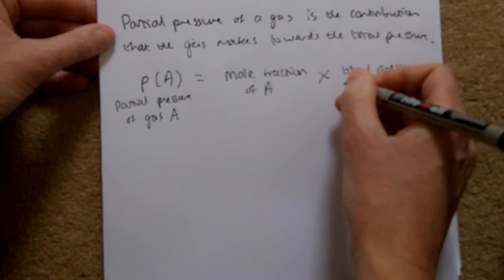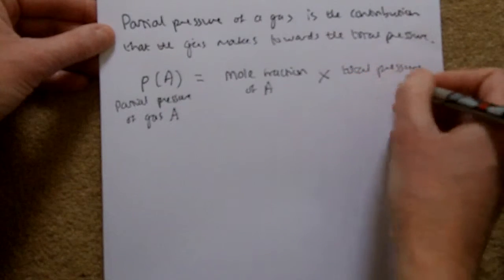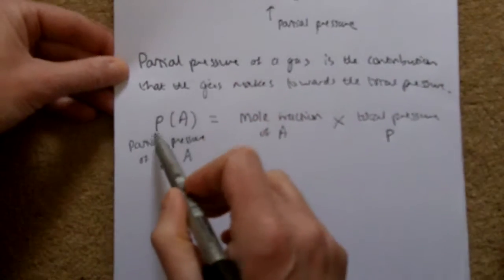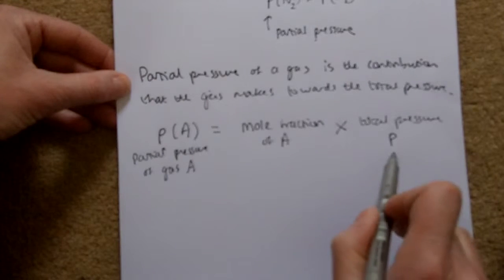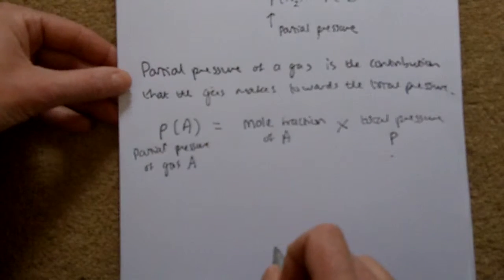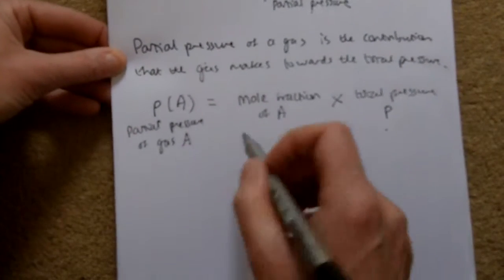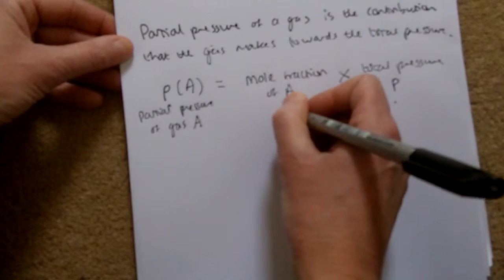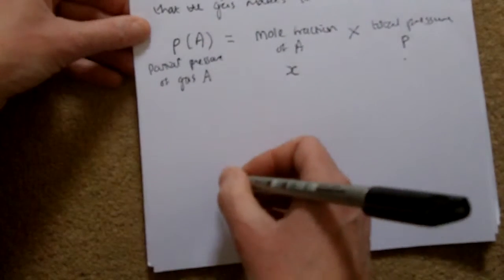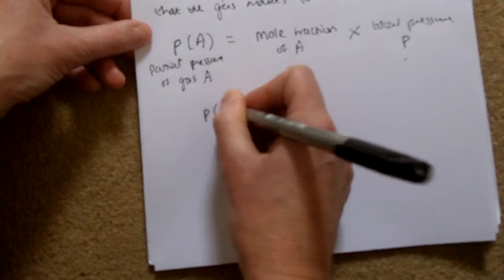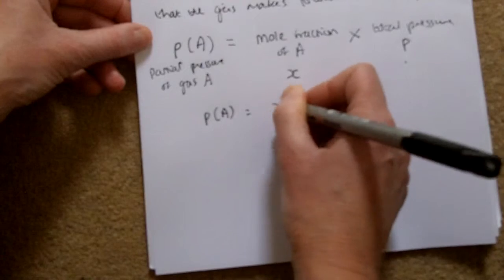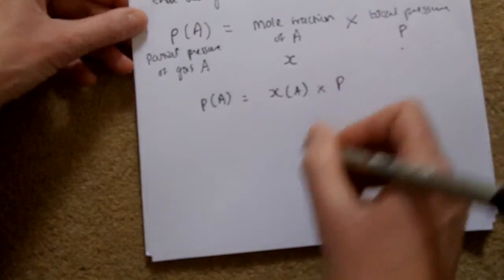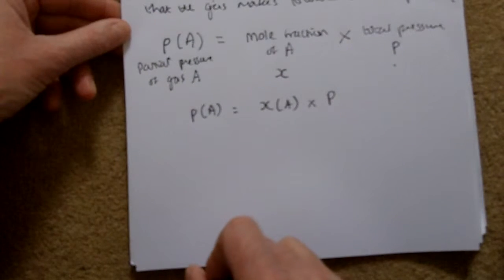And the total pressure we say is a capital P. My handwriting's not very good, so that's a little p, and that's a capital P. The symbol we use for mole fraction is X. To summarize, the partial pressure of A is the mole fraction of A times capital P, the total pressure.